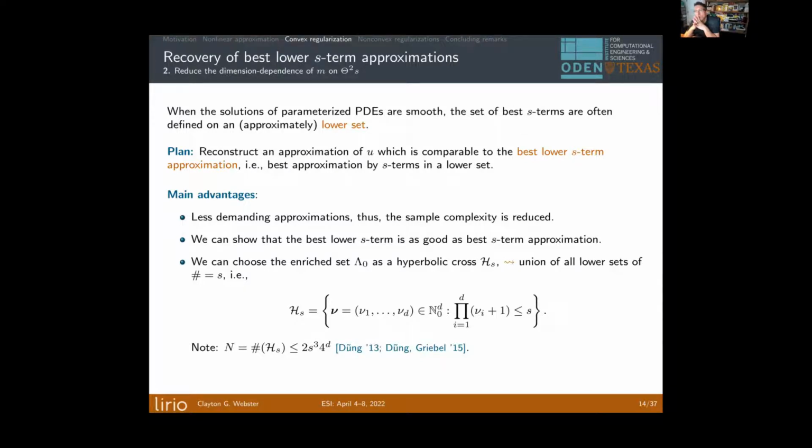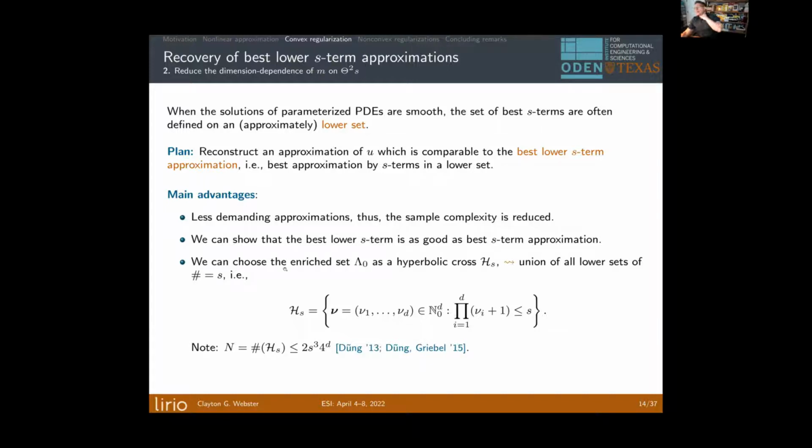So what we then decided to do was, can we reconstruct a function which is comparable to, say, the best lower S term? In other words, the best approximation by S terms forced in a lower set. One can show that this best lower S term is just as good as the best S term approximation. Obviously, if this is true, then the sample complexity can be reduced.